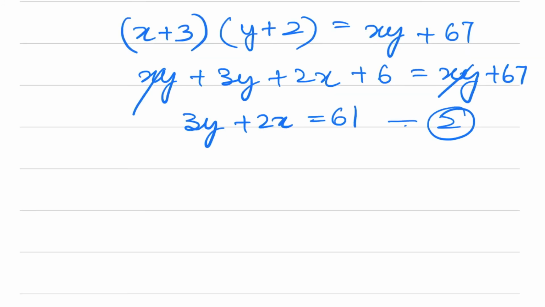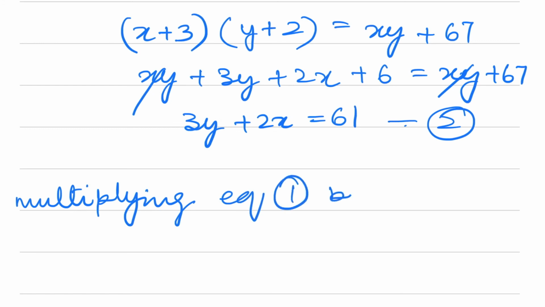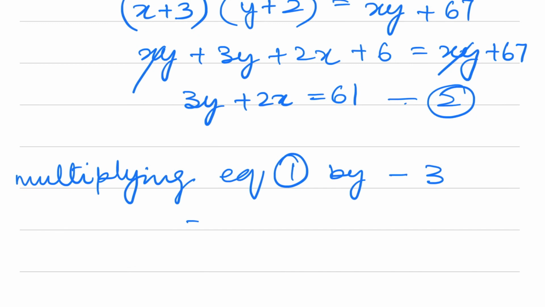So we need to multiply the equations by some number so that we can get the coefficients of one variable same. So multiplying equation 1 by 3, we have minus 15y plus 9x is equal to 18.